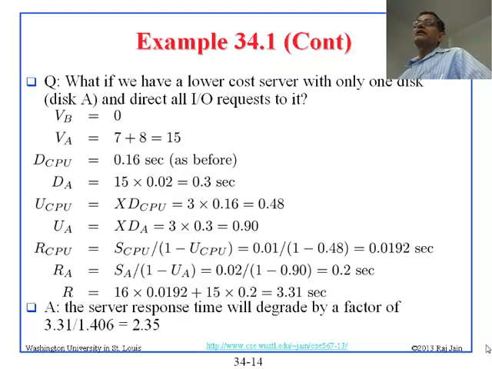Disk A becomes the bottleneck. If you just have one disk, obviously that will become the bottleneck. And the response time will go up to 3.31 seconds, a factor of 2.35. So such things you can do.